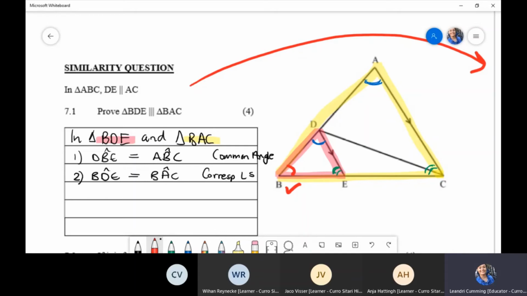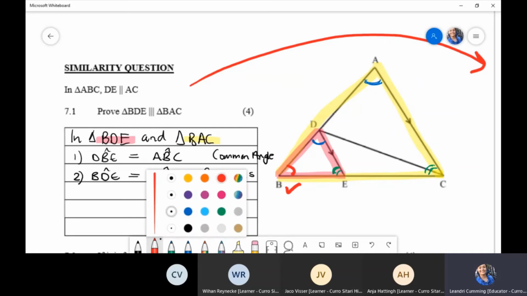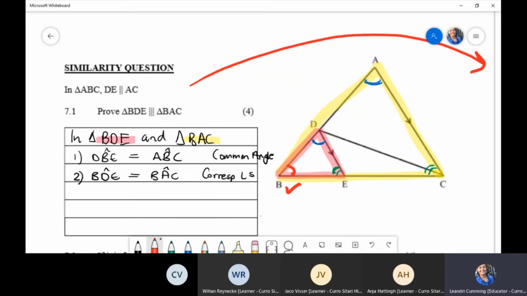Very important, I must state, with corresponding or alternate or co-interior angles, that they are parallel lines. Let's make this thinner. Parallel lines, because DE is parallel to AC. Let's look at our third angle.